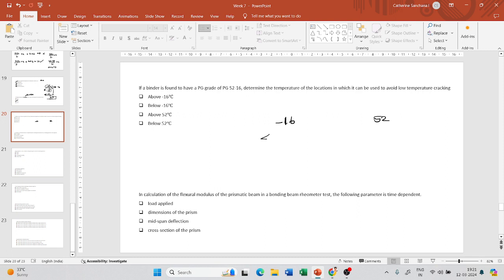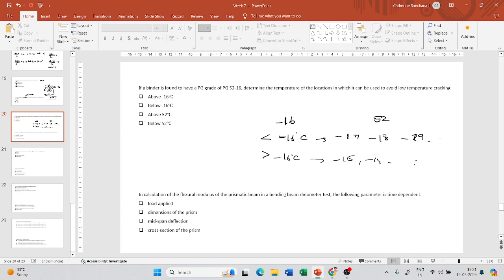Should it be less than minus 16 degrees Celsius, which will be minus 17, minus 18, minus 19 and so on, or greater than minus 16 degrees Celsius, which will be minus 15, minus 14 and so on? So what do you think?